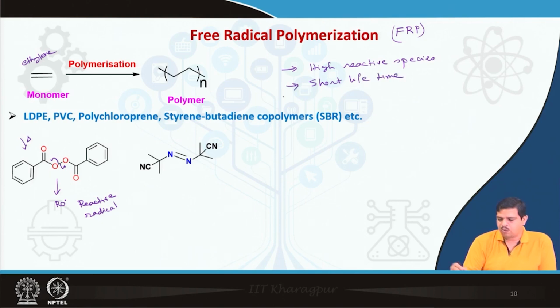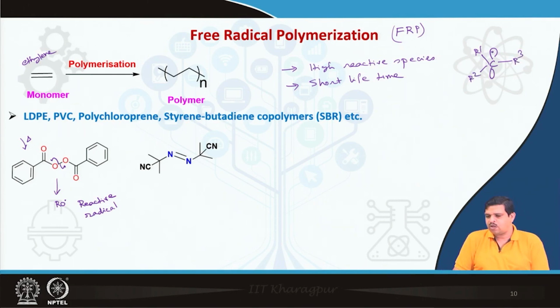In carbon-based radicals, this is the scenario where the unpaired electron, the free radical, is housed in one of the p orbitals.